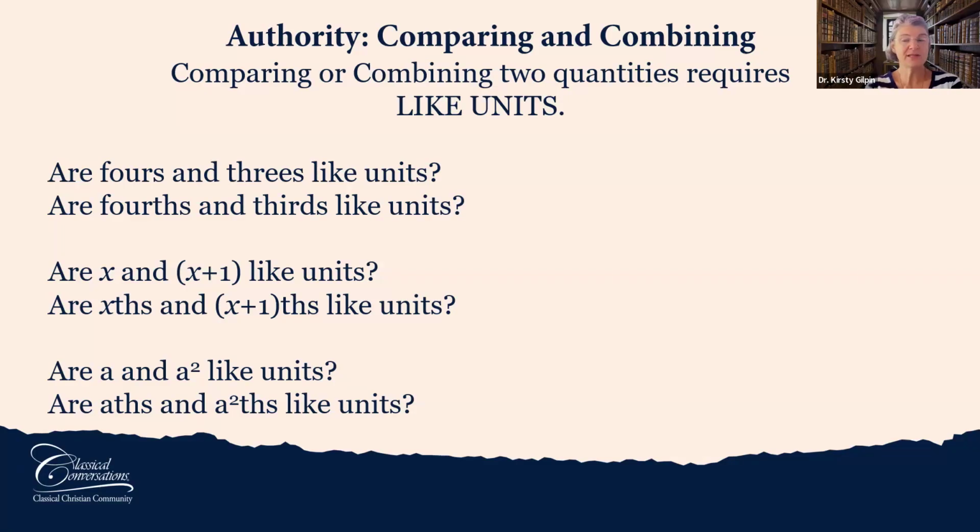So are fourths and thirds like units? How about x and x plus 1? Are they like units? No. So would their reciprocals, the 1 over x and 1 over x plus 1, be like units? No. How about a and a squared? No. So eighths and a squareds, right?